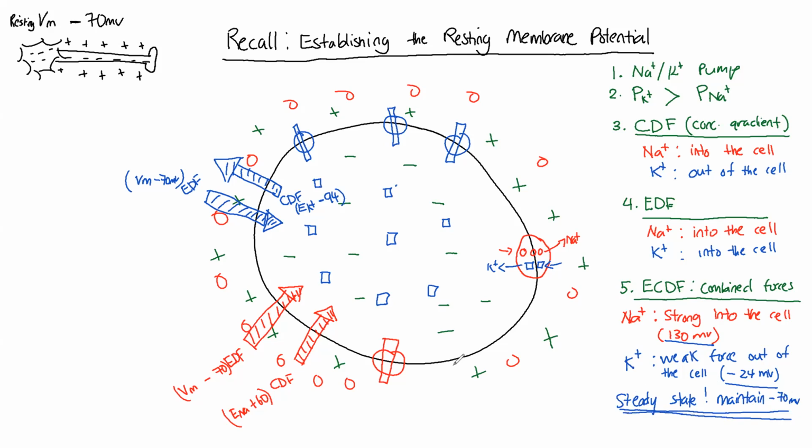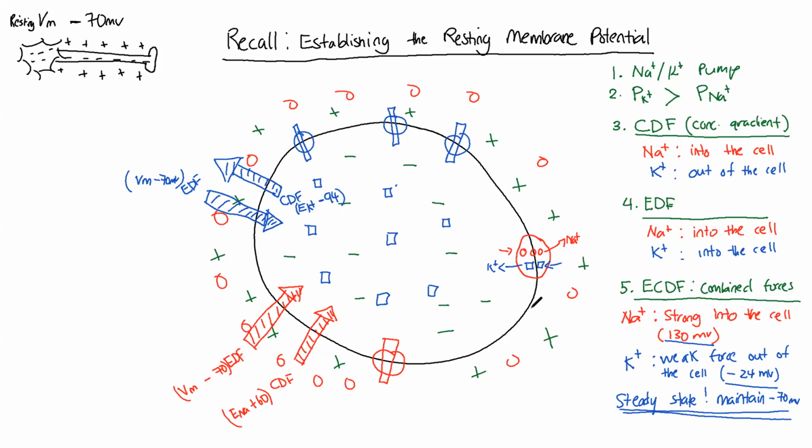And this is why at rest, a neuron is more negatively charged inside and more positively charged outside. As we describe this, we're going to build on this conversation and talk about how we can use this understanding to excite this neuron, right? We will eventually speak about the differing permeabilities. So we can make the inside of this neuron become more charged, more positive, more excited, simply by opening up more different types of sodium channels.